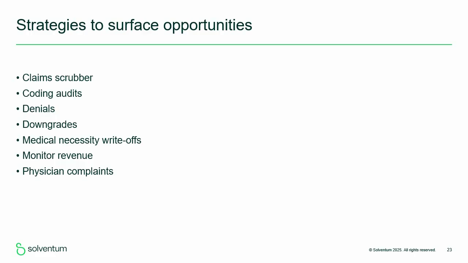On screen, you'll see some of our traditional strategies to surface opportunities. Claim scrubber may identify things that need closer inspection. Traditional coding audits can certainly surface opportunities. Denials from our payers may surface opportunities as well.